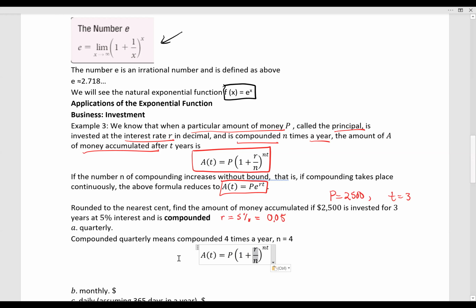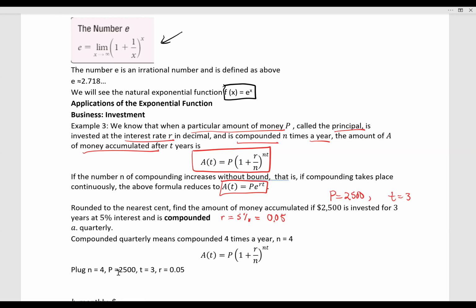So let me plug in. Put n equal to 4, P equal to 2,500, t equal to 3, and r equal to 0.05. Did I miss anything else? No, right?